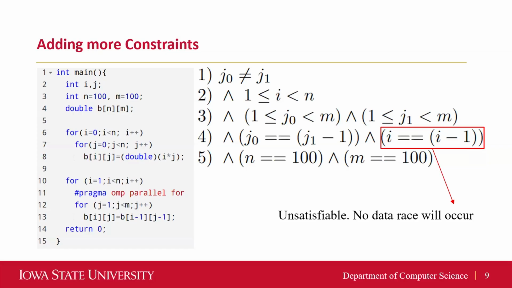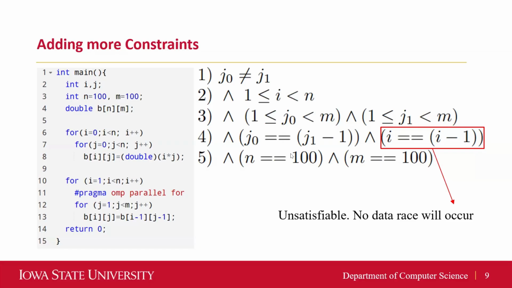And in the second row, we provide the constraint for the induction variable of the outer loop. And like I mentioned, it's not parallelized, so we only provide one variable for that. And in the third row, we provide the boundaries of the induction variable for J's.